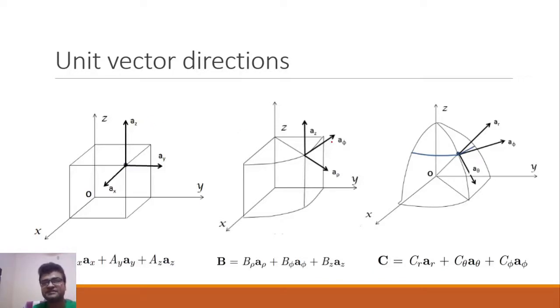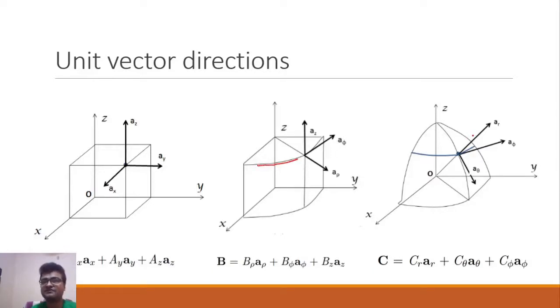Then the cylindrical coordinate system has a rho, a phi and az respectively, where a rho is the radius of the cylinder, az is a unit vector which is parallel to the z axis, and a phi is the unit vector which is tangential to this curvature.